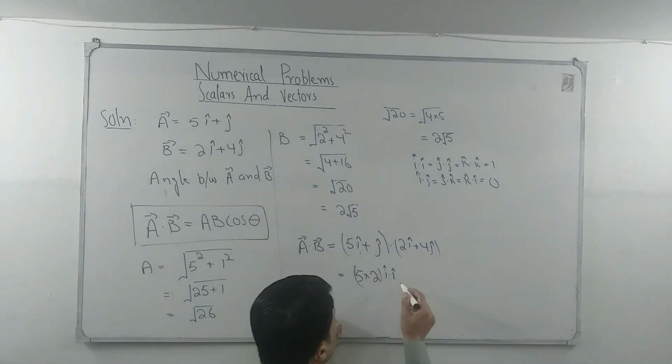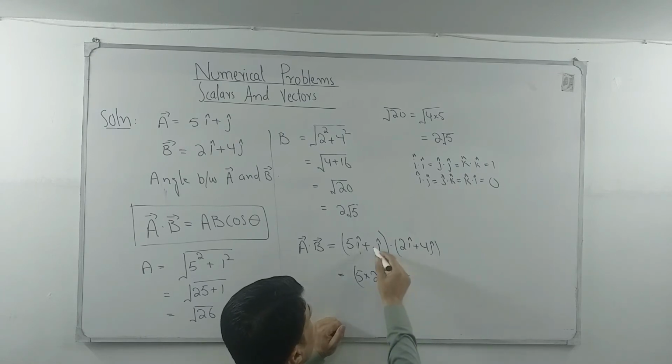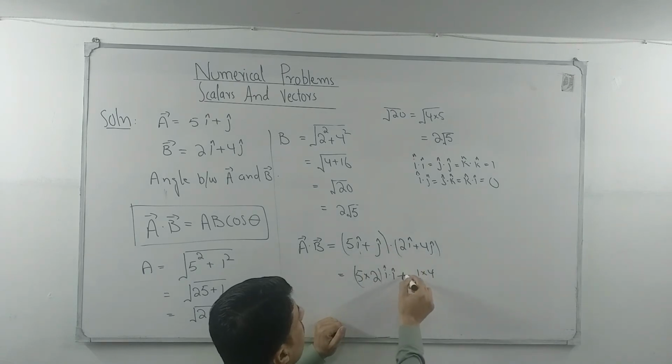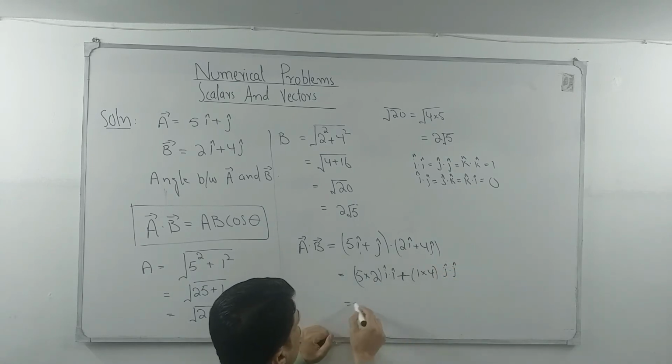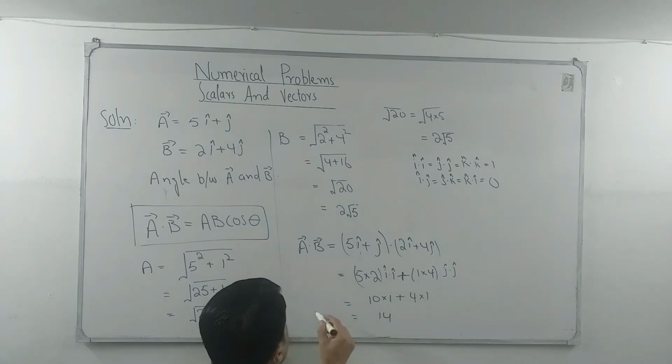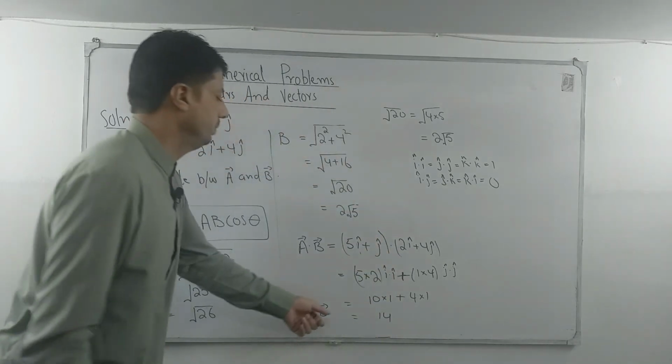Similarly plus 1 multiplied by 4, it is 1J and J dot J. So 10 multiplied by 1 plus 4 multiplied by 1, that is 10 plus 4, 14. So A dot B is equal to 14.